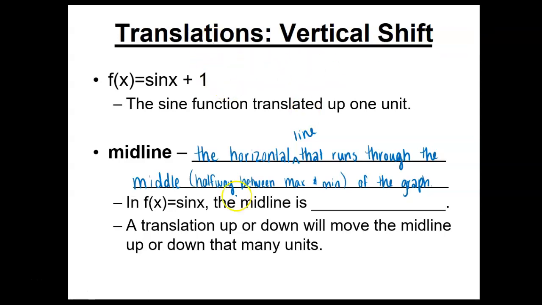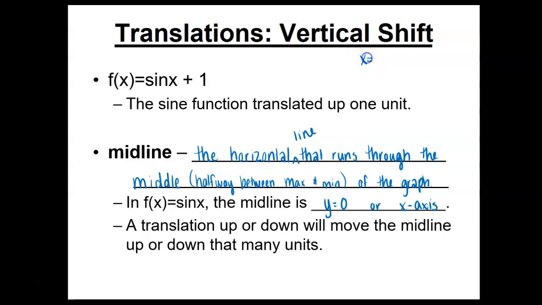Oh wait, I need to fill out all these blanks. So if in f of x equals sine x, the midline is y equals 0, also called the x-axis. It's sort of difficult. I know that I, as a student, had a really hard time keeping this straight.